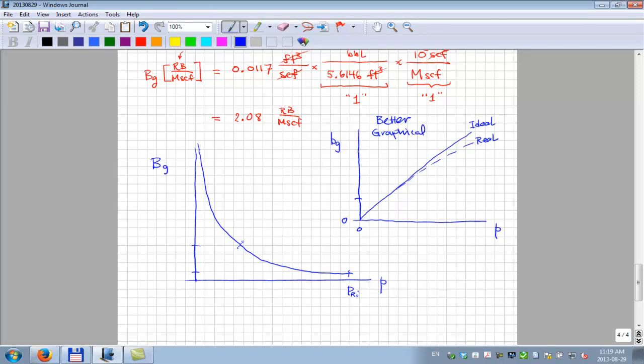So these numbers will be like in the magnitude 100, 200, and 300, as I was telling you about. And this unit would be something like this or this. Okay, so that's what we got out of the ideal gas law in terms of this volume factor for gas.